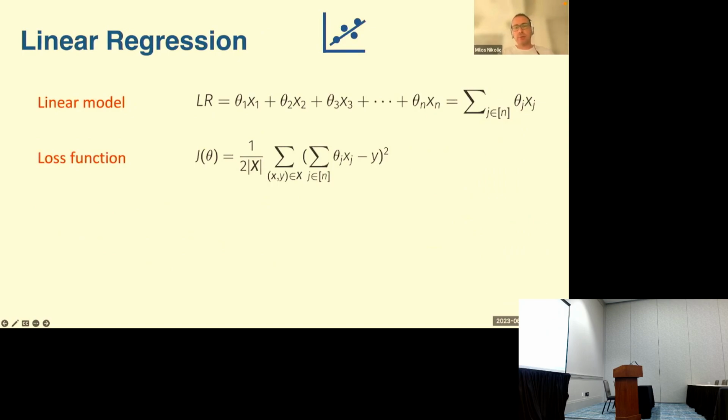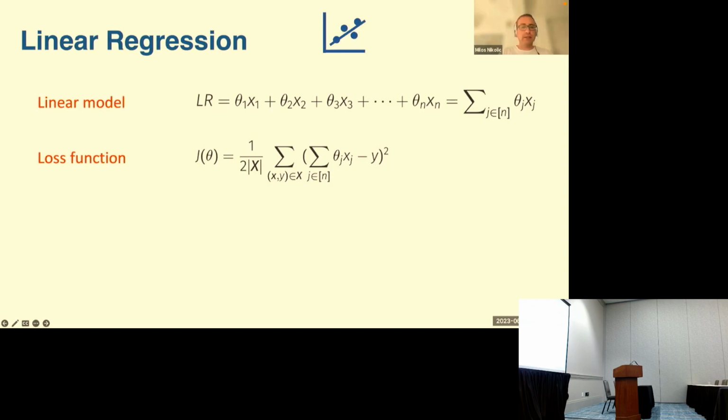Now let's look at the problem of learning a linear regression model. The model is defined by a linear function that computes essentially a dot product between the vector of features of a given sample X and the vector of data parameters that we want to learn from the data set.